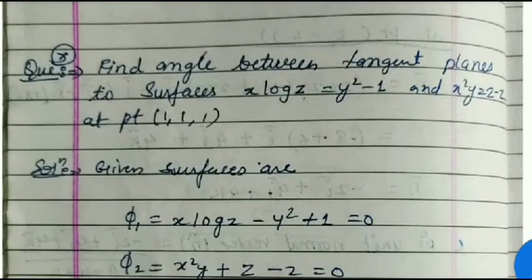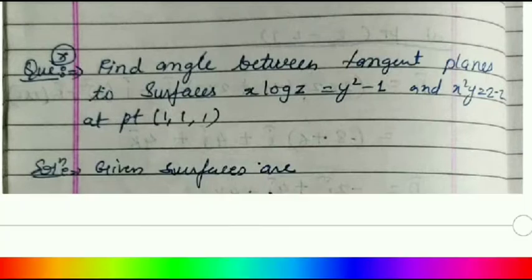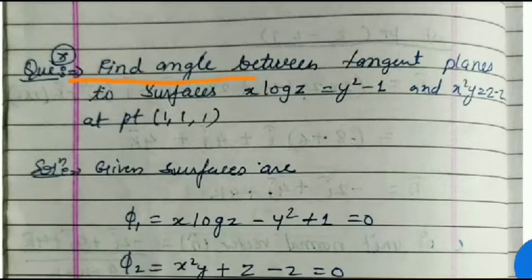So the third question is: find the angle between the tangent planes of two surfaces x log z equals y square minus 1 and x square y equals 2 minus z at point (1, 1, 1), meaning x, y, z is 1.